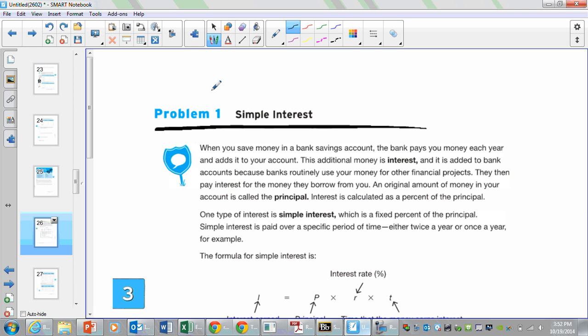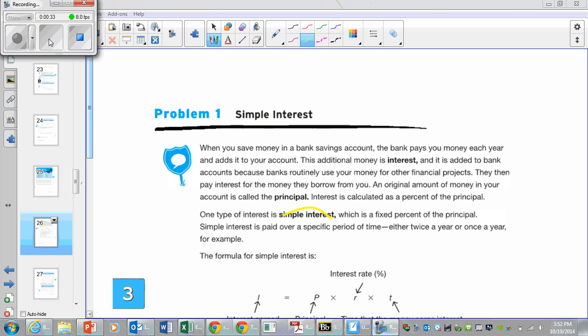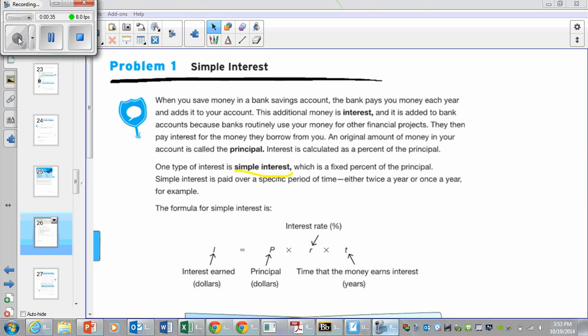So this first problem talks about simple interest, and this is something you're going to want to underline or highlight because this is very important for today's lesson. When you have simple interest, it gives this example about a bank account.